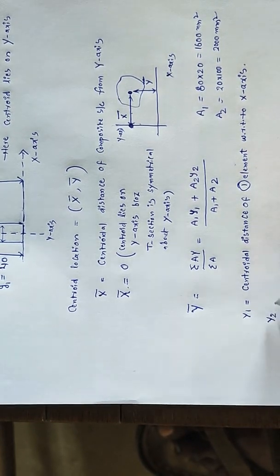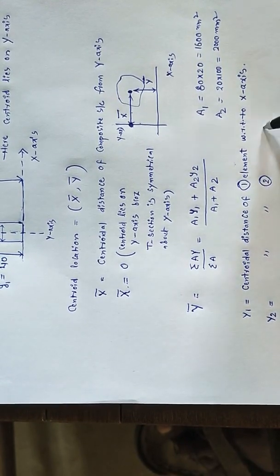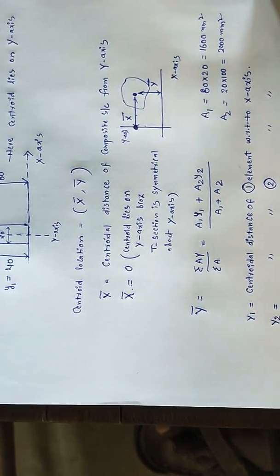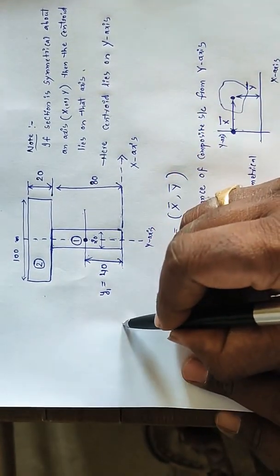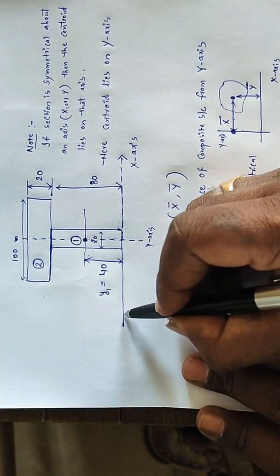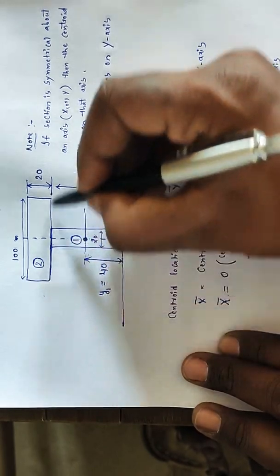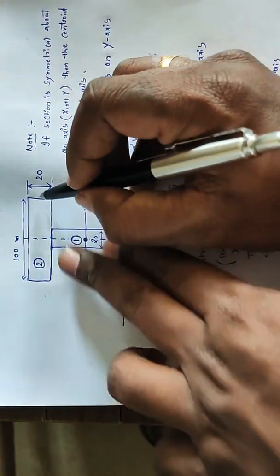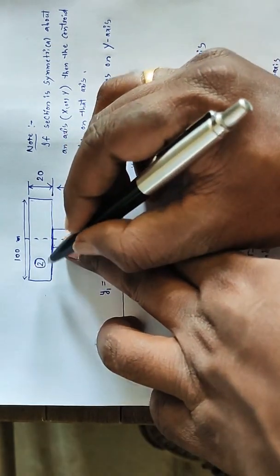So now we have to calculate y2. So centroidal distance of second element with respect to x-axis. That means from here you have to go with respect to the x-axis. So you have to calculate from this x-axis. If you observe the second rectangular element, now you concentrate on only this second rectangular element.